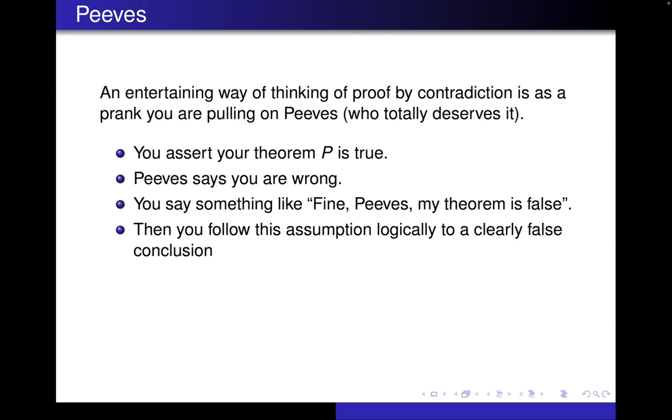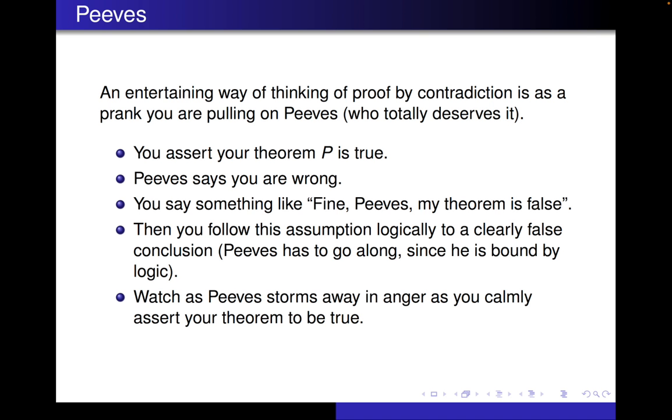So you keep following the assumption logically, which, by the way, Peeves has to go along with, because with all the annoyance that Peeves does, he has to go along with logic. So as long as your logic is correct, once you get to a false conclusion, you say, aha, I got you, Peeves. And then Peeves gets mad and stomps out of the room, and you just be happy because your theorem is true.